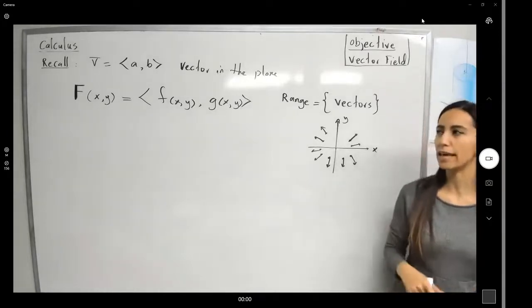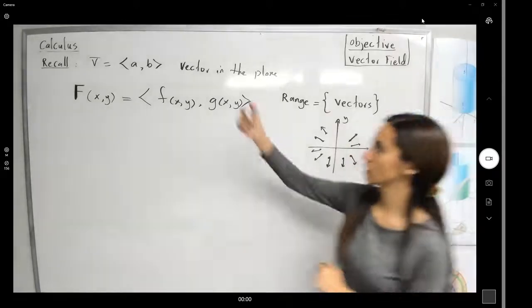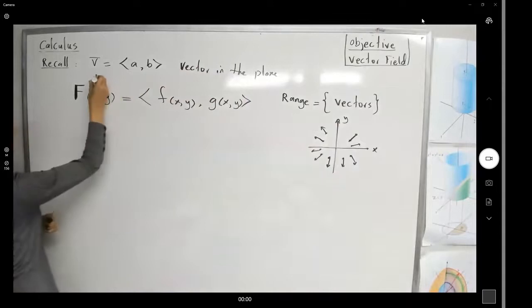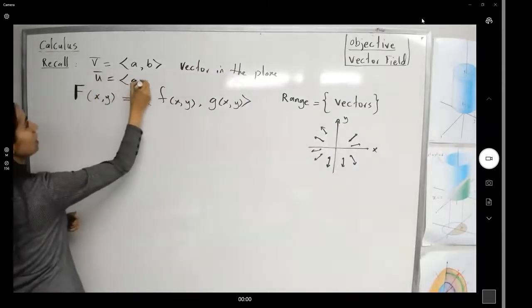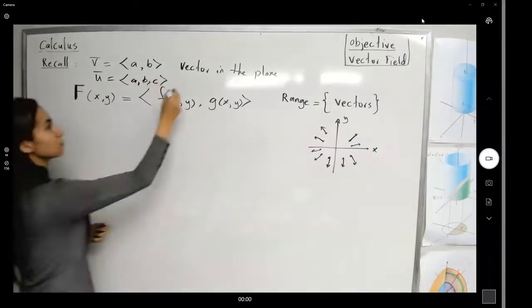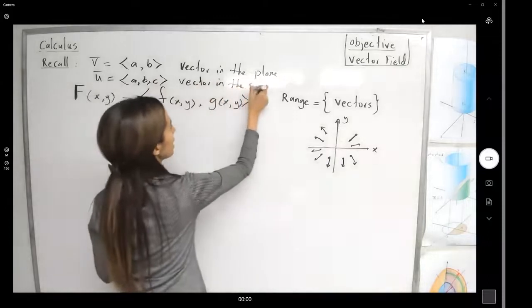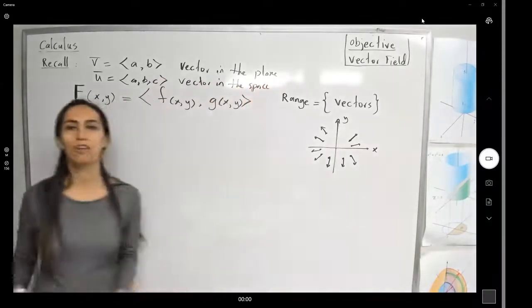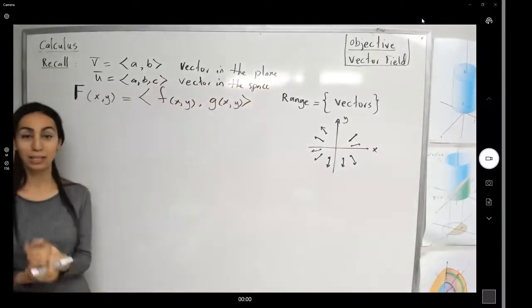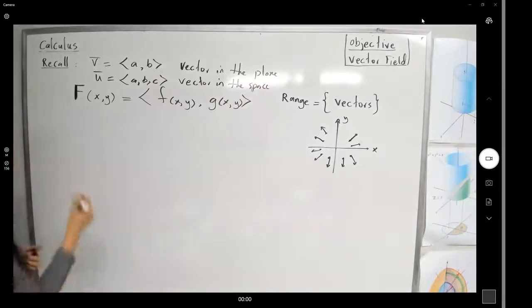We also said that we can define a vector in the space, like vector u, with components A, B, and C. And then, as usual, we can generalize the idea and define a vector function in the space.